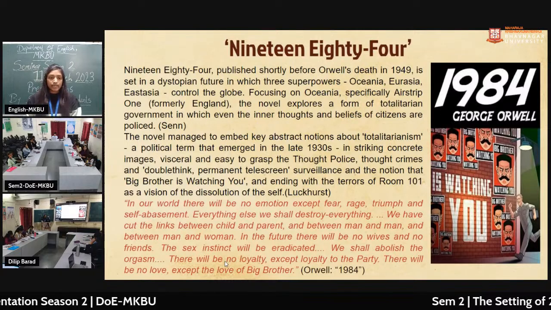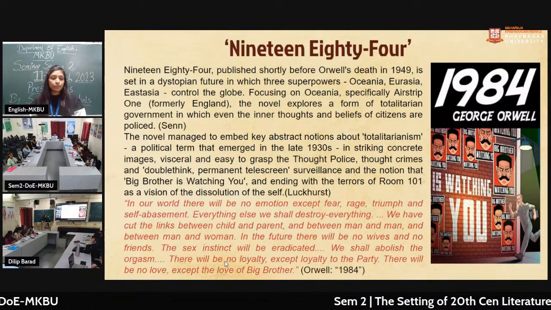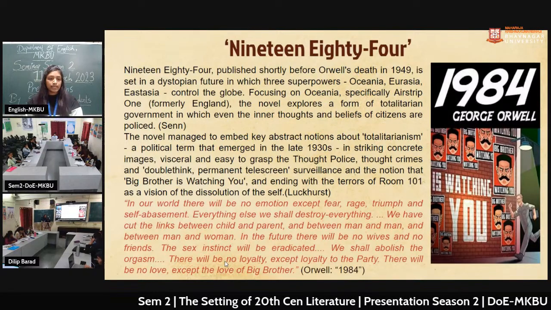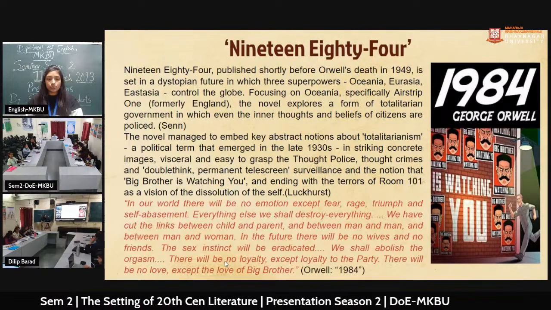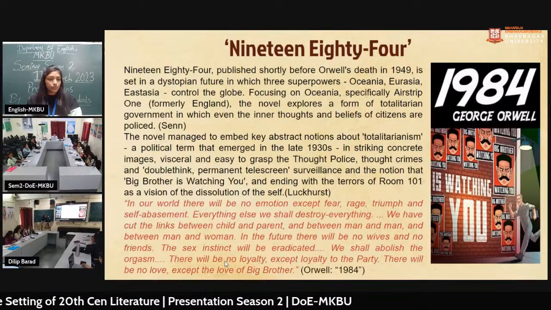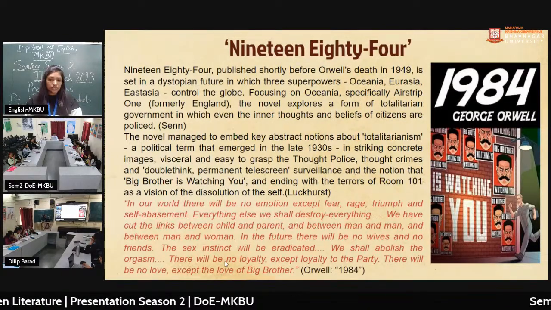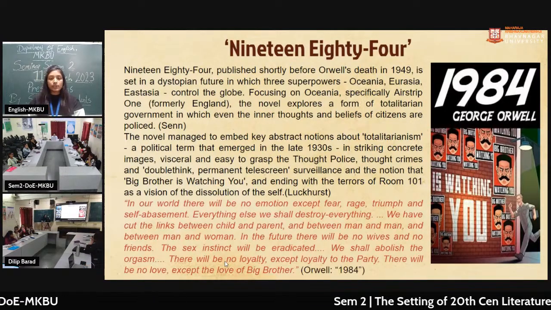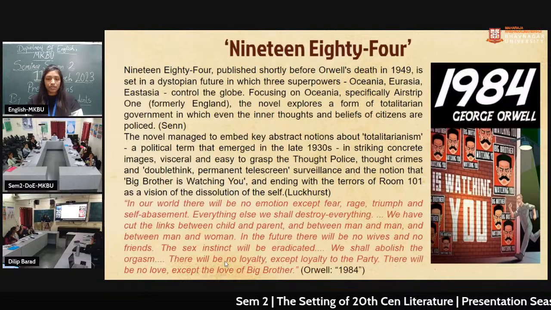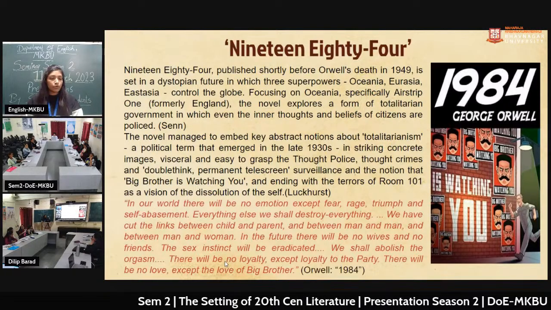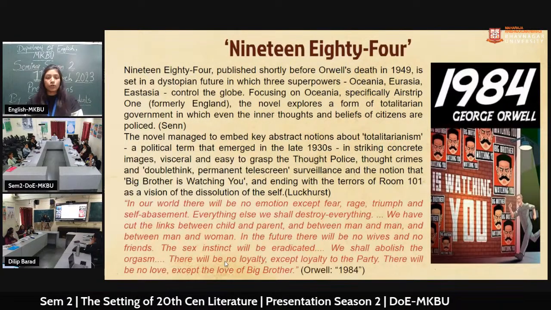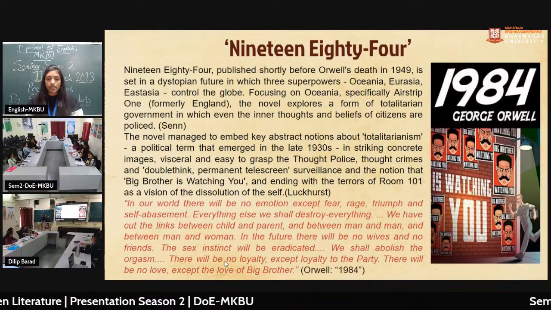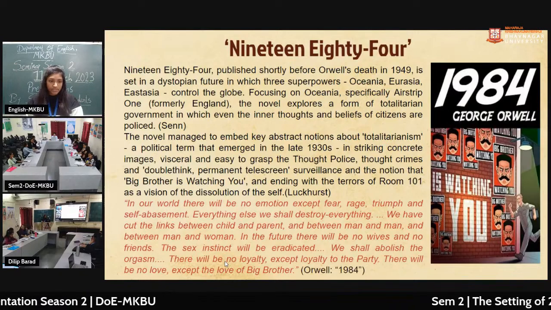Then George Orwell's 1984. 1984, published shortly before Orwell's death in 1949, is set in a dystopian future in which three superpowers, Oceania, Eurasia, and Eastasia, control the globe. Focusing on Oceania, specifically Airstrip One, formerly England, the novel explores a form of totalitarian government in which even the inner thoughts and beliefs of citizens are policed.